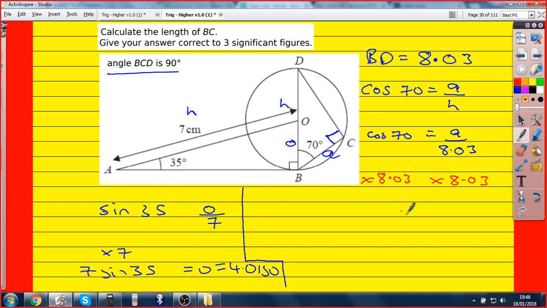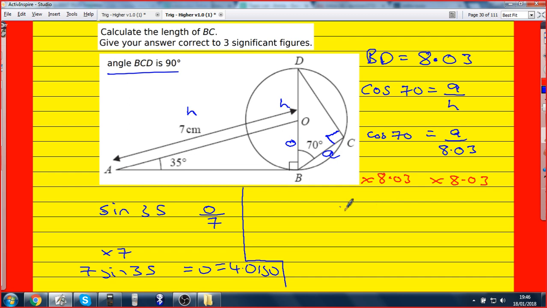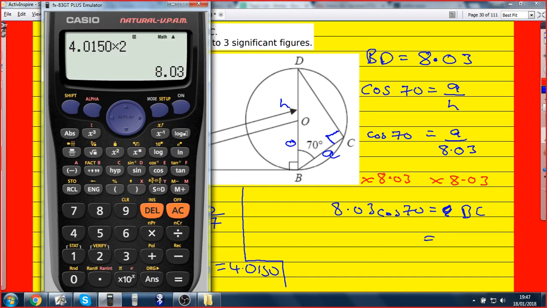So then you do 8.03 cos 70. And that's, I'll call it BC. And that is 8.03 cos 70.